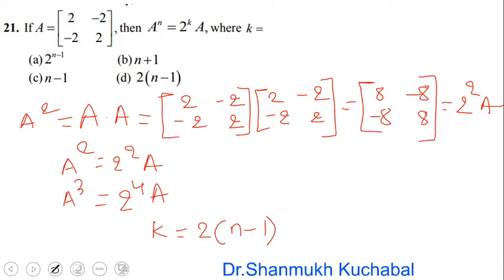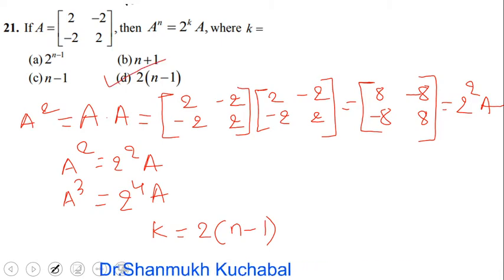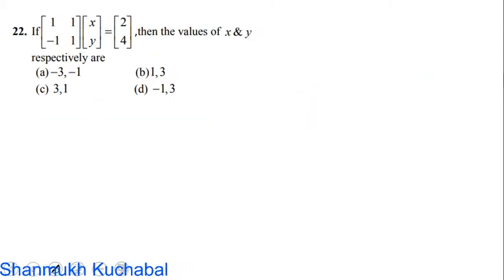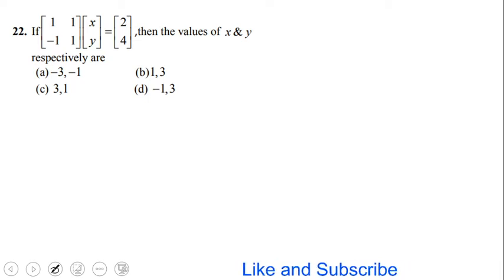Clearly option D is the right answer. Like this, comparison we have to write in the solution. Okay, we'll move to our next example 22. They have given a matrix relation here, and the x and y values we have to calculate. Very simple, matrix multiplication we have to perform.